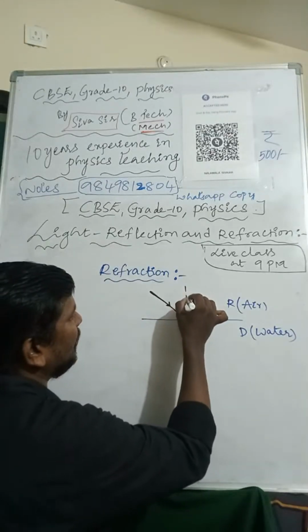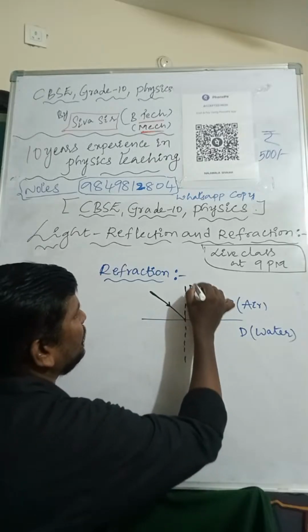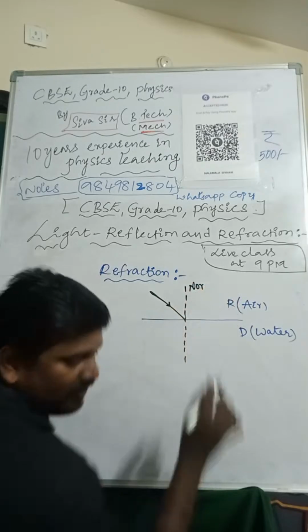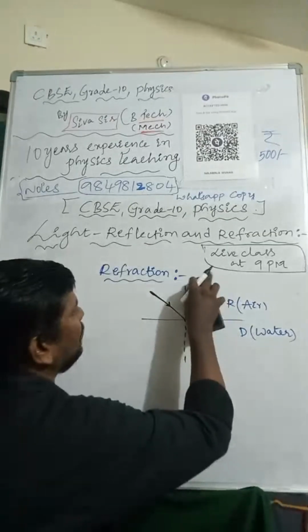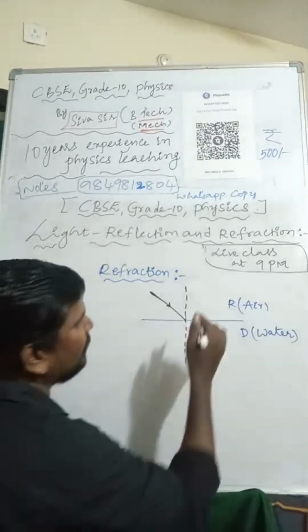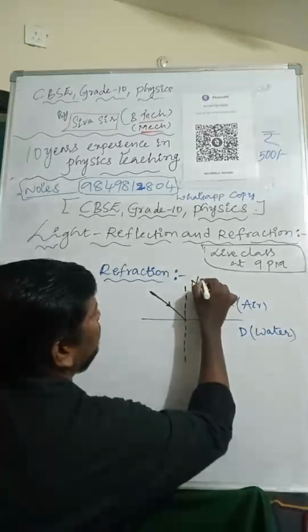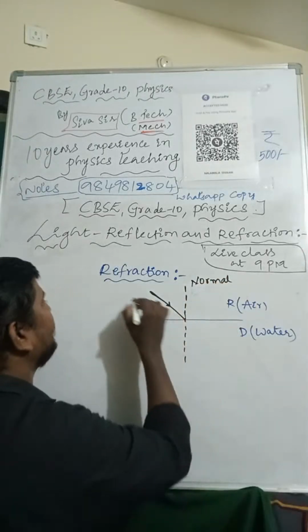I'm taking this as the normal line. This is the incident ray.